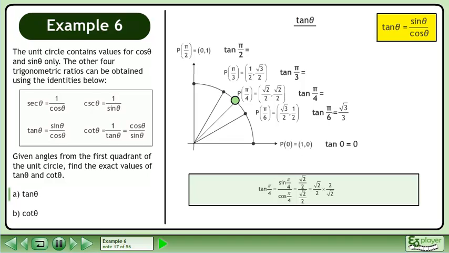Divide the fractions. Multiply the numerator by the reciprocal of the denominator. Multiply to get 1. The exact value of tan pi over 4 is equal to 1.